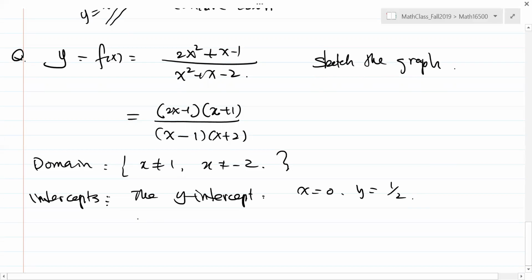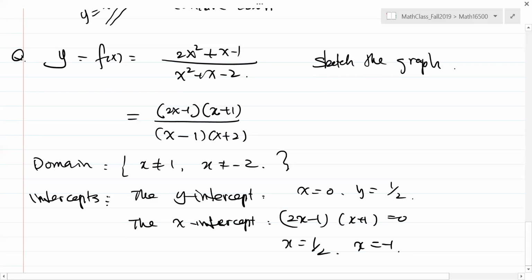Then the x-intercepts: 2x minus 1 times x plus 1 equals 0, so x equals 1/2 and x equals -1.